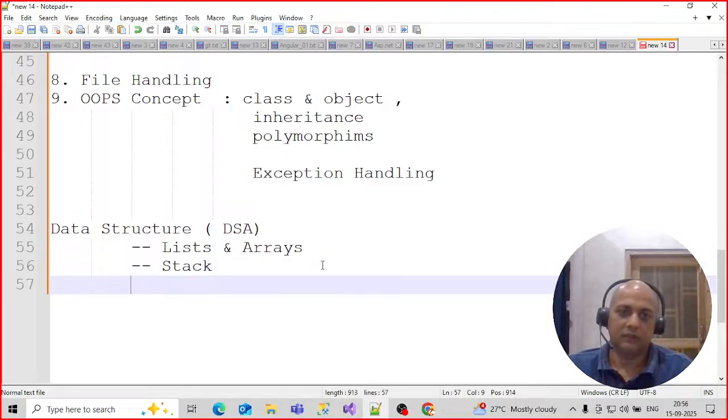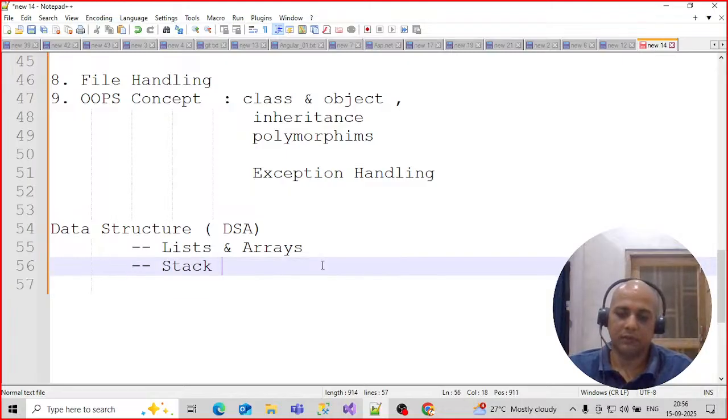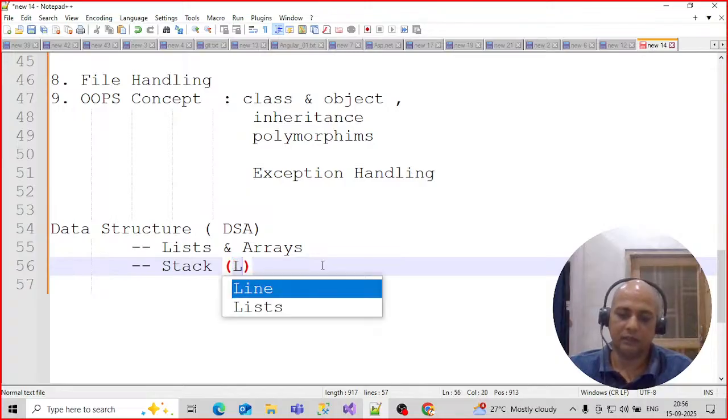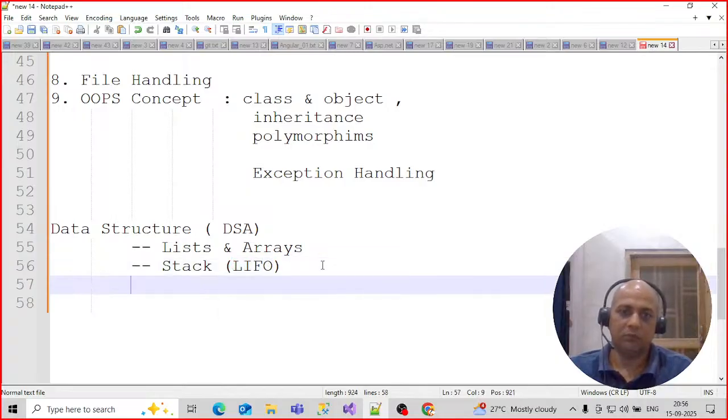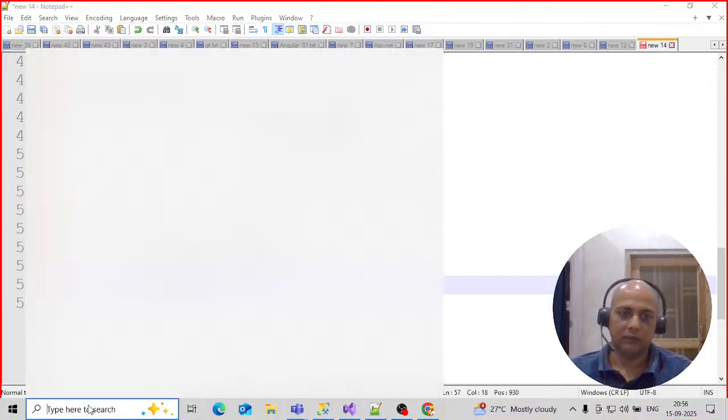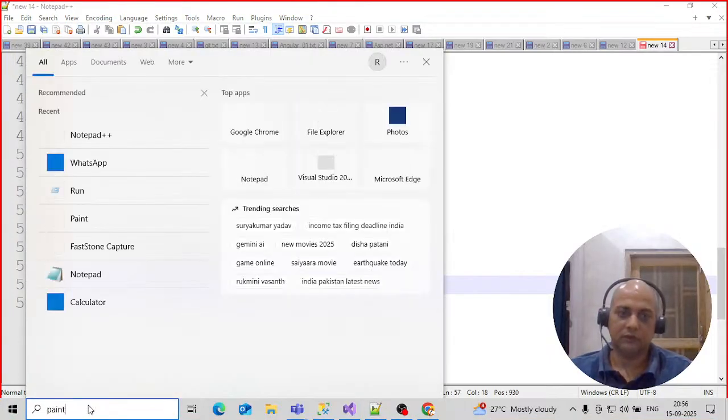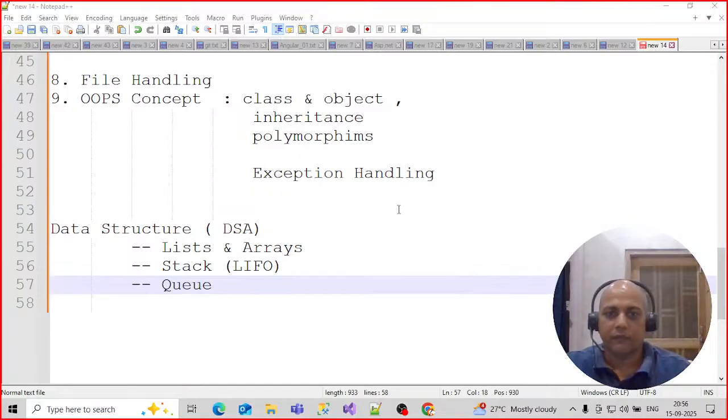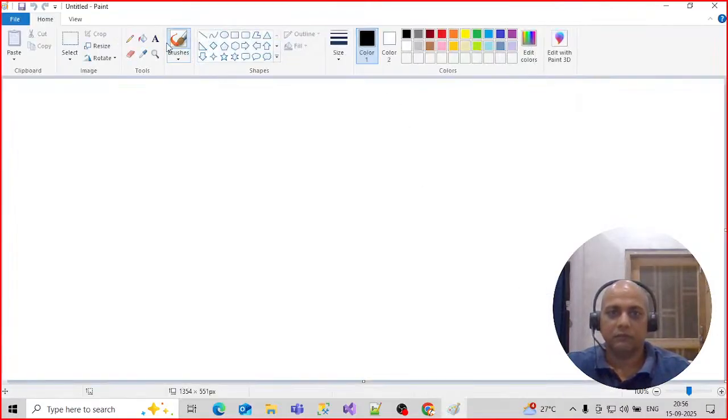In stack we have the concept of last in, first out, and we have queue. So you will be solving stack and queue examples. For example, I can show you one thing. You have a problem called Tower of Hanoi, right?